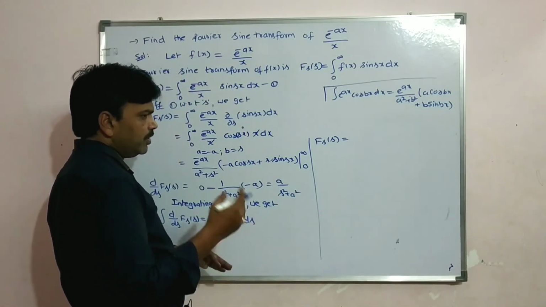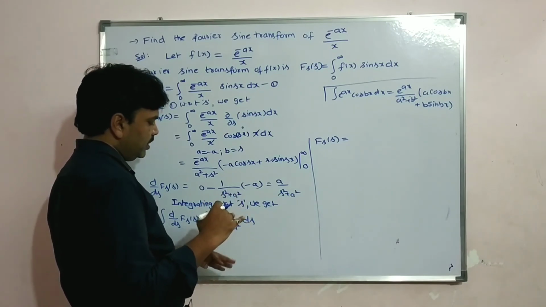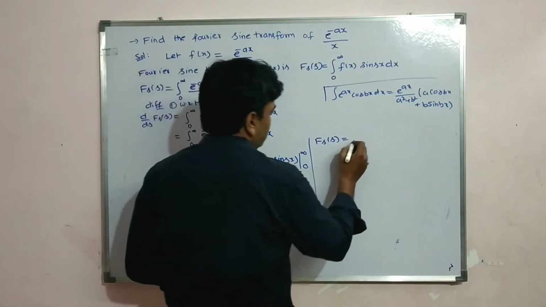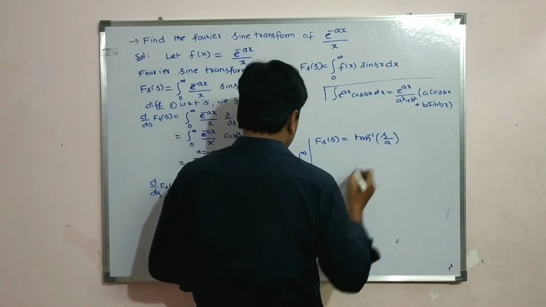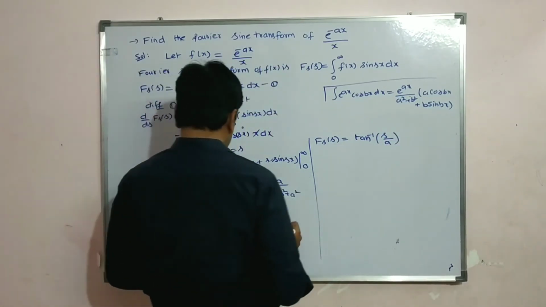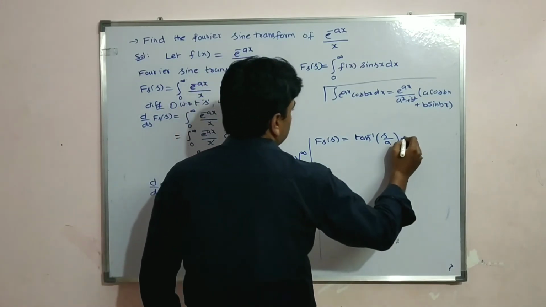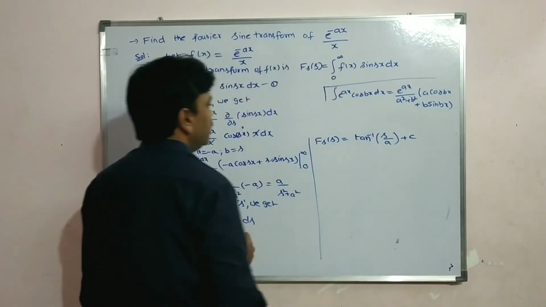Generally we have 1 by a tan inverse s by a; the a cancels, so we get tan inverse s by a plus c.